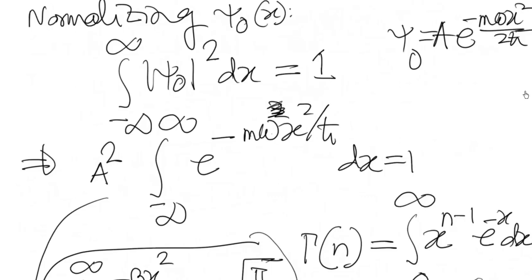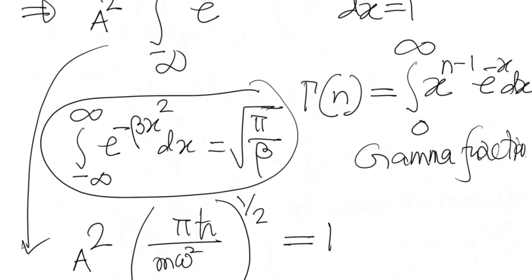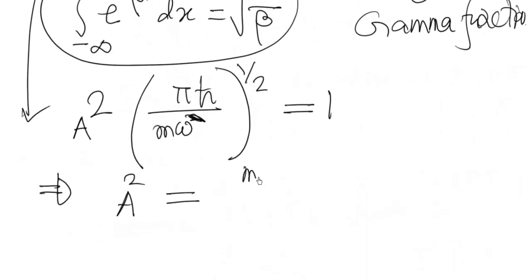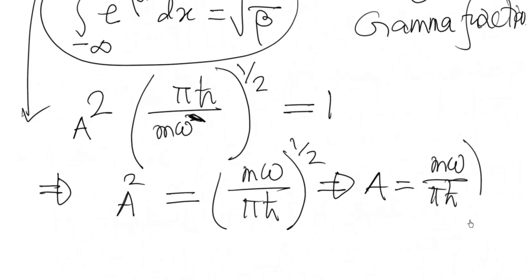I'm sorry, this is m omega x square. So a square is m omega by pi h cut, power 1/2, and this gives you a equal to m omega by pi h cut to the power 1/4.